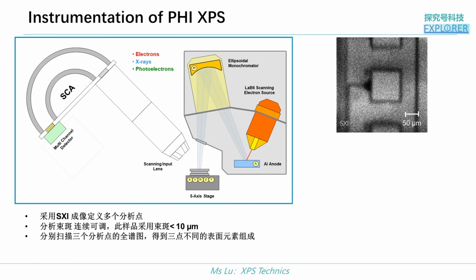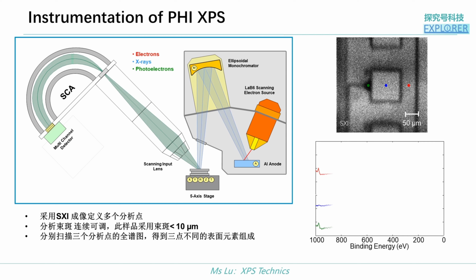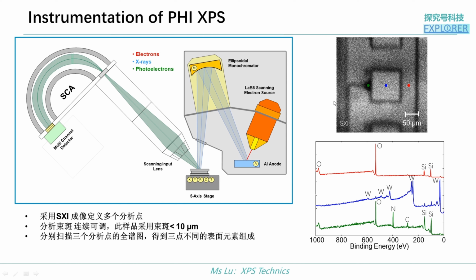When we need to analyze a device or product, I need to analyze multiple points. This kind of scanning focused X-ray source can connect secondary electron images for micro-area positioning.